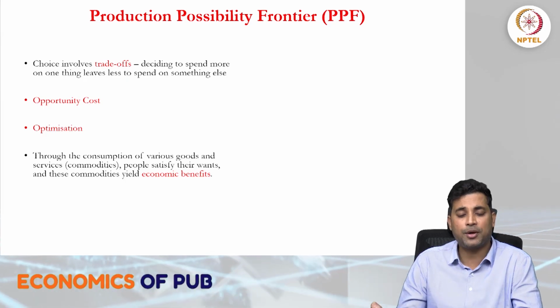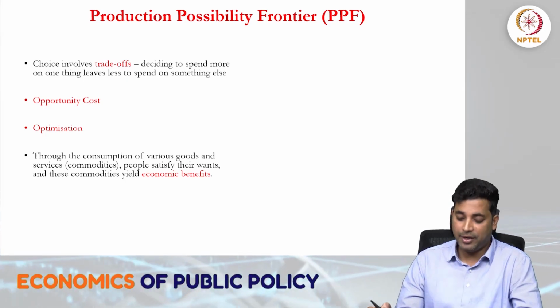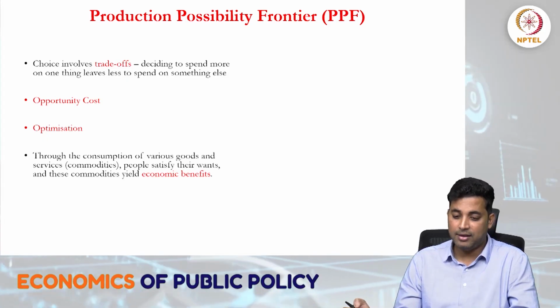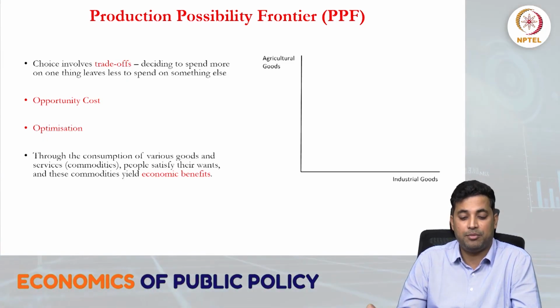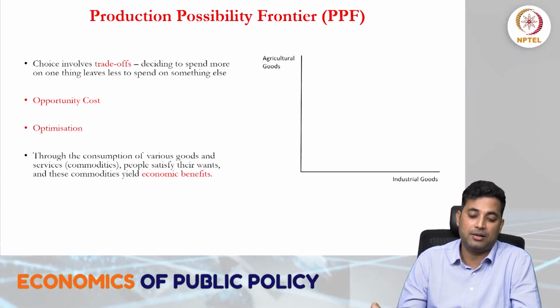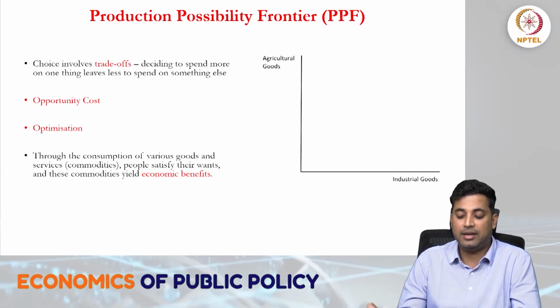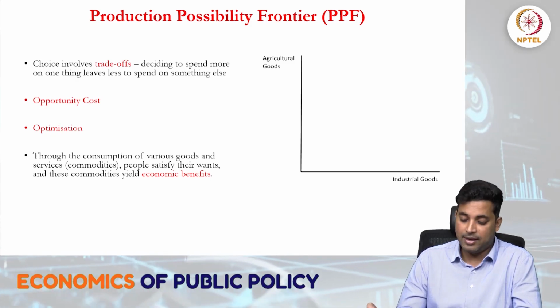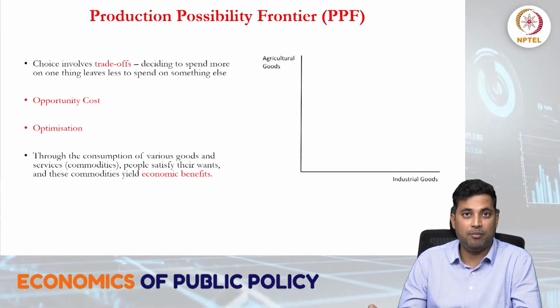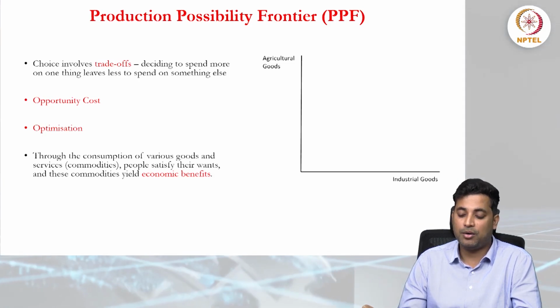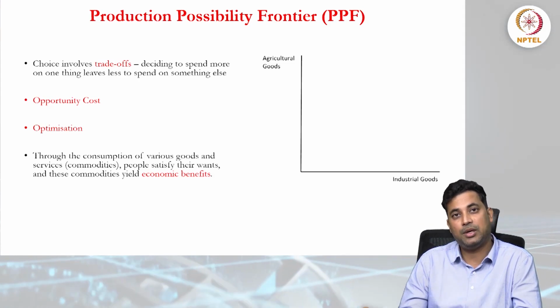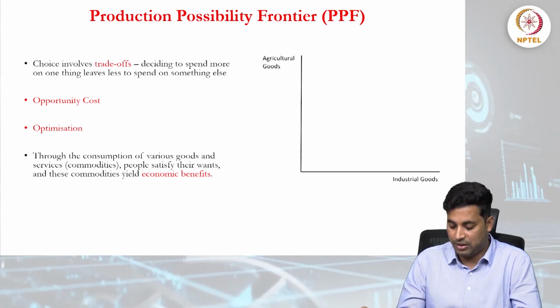So now moving to the production possibility frontier, what do we mean by that? Let us assume that two commodities are being produced. One is agricultural goods and the other is industrial goods. And the choices that we make are whether to produce more agricultural goods or more industrial goods.